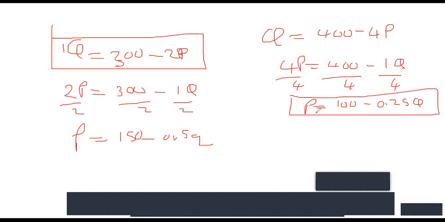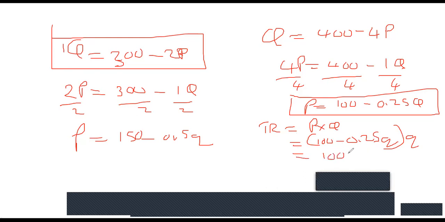Then if they ask you to maximize the revenue, first find the total revenue function using the inverse demand, price times quantity. Then you have 100 minus 0.25Q, and when you put a Q there, you have 100Q minus 0.25Q squared. This is our total revenue.